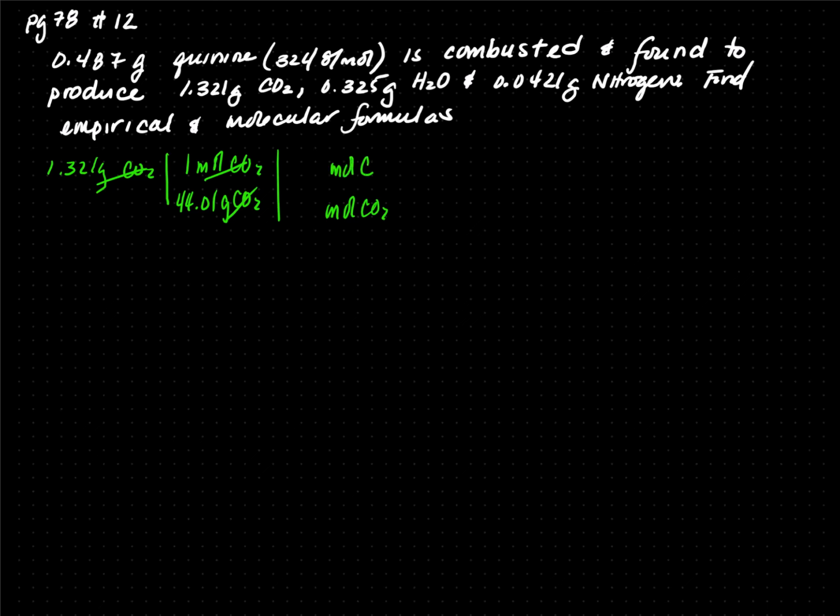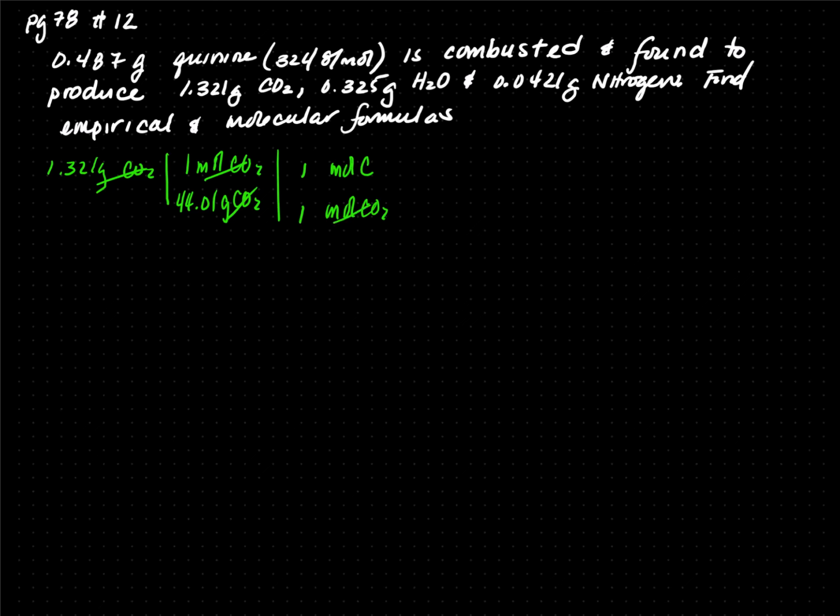Remember, we can only change elements and compounds when we go through mole ratio. So the units have to be moles over moles. So for 1 molecule of CO2, there is 1 carbon and 2 oxygen. Since moles measure any quantity, 1 mole of CO2 will have 1 mole of carbon and 2 moles of oxygen.